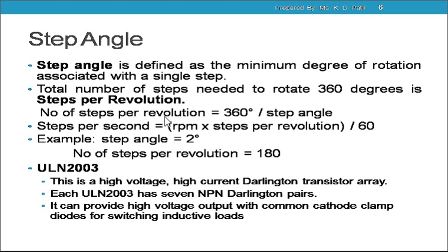If you want to calculate the number of steps per revolution, steps per revolution is equal to 360 degrees divided by step angle, and steps per second is equal to revolutions per minute multiplied by steps per revolution divided by 60. For example, if the step angle is 2 degrees, then how many steps per revolution? 360 divided by 2 is equal to 180 steps per revolution.